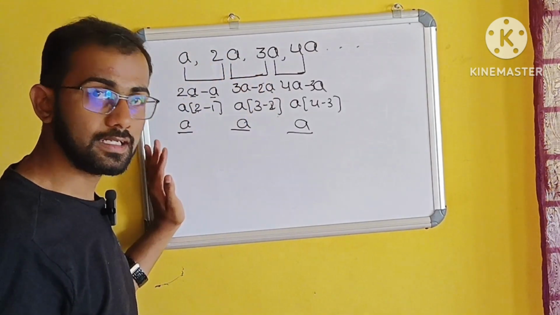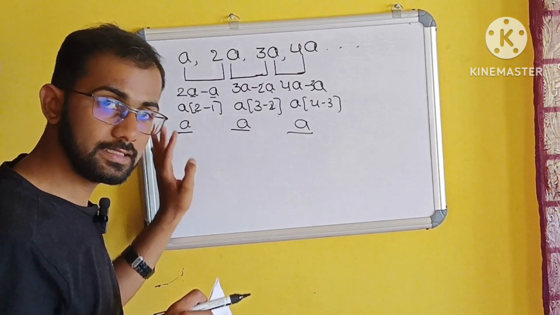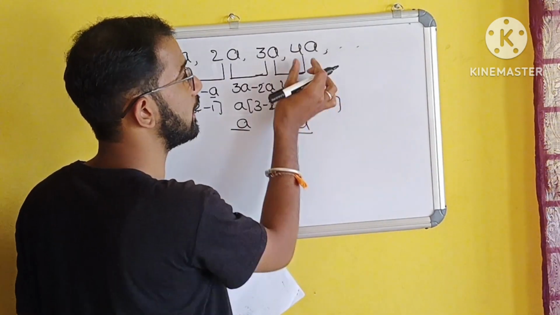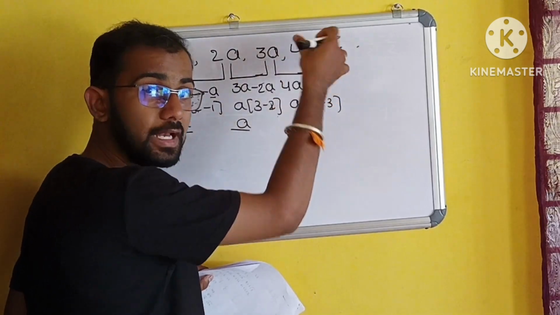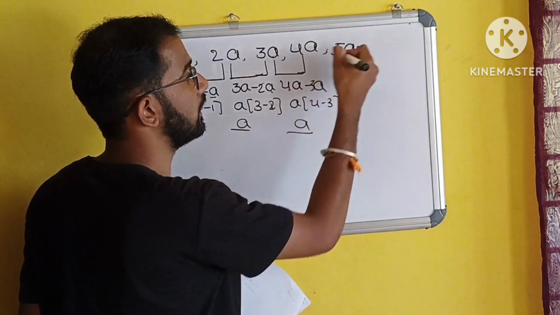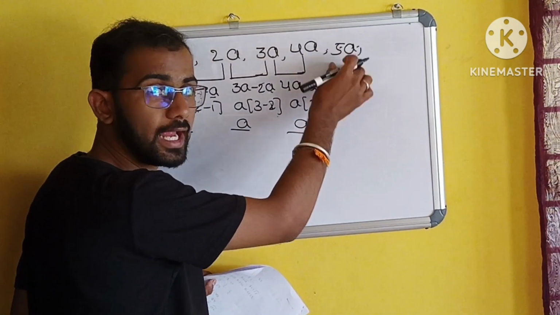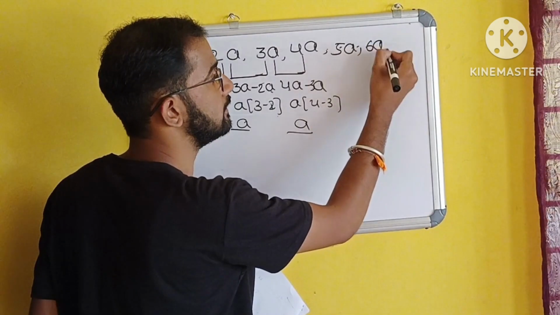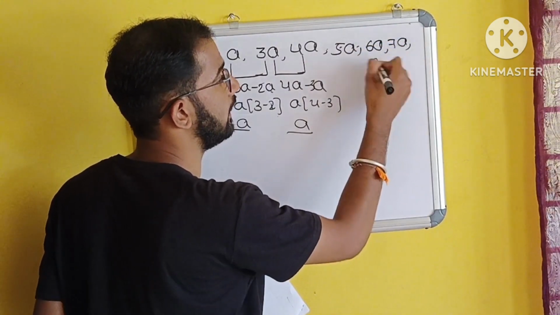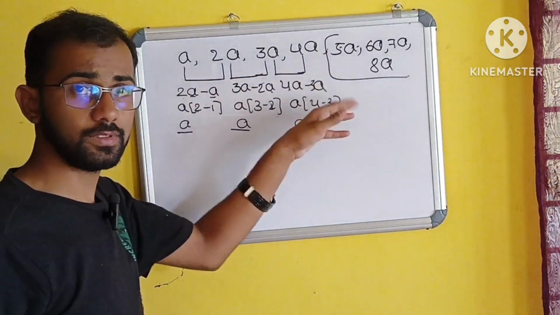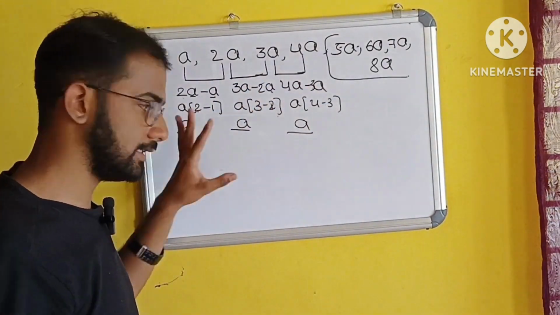If it is in arithmetic progression, then the next four terms: 4A plus A can be written as 5A. If you add A to this term, we get 6A, similarly 7A and 8A. These four are the next terms of this sequence. Then next we will move on to the next question.